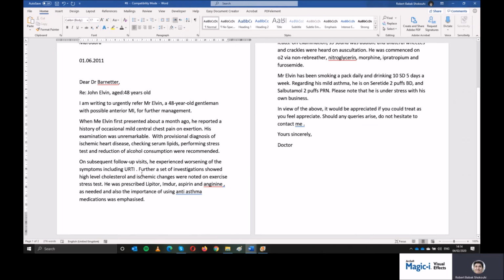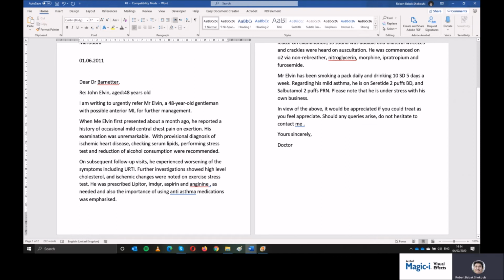Further investigations showed high level of cholesterol, and ischemic changes were noted on exercise stress test.